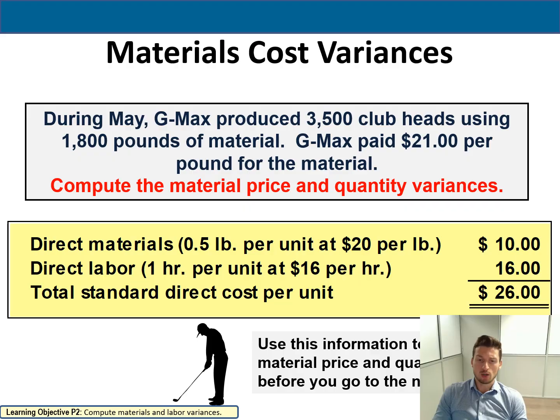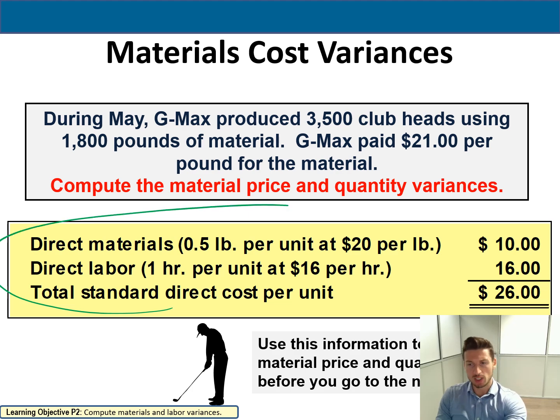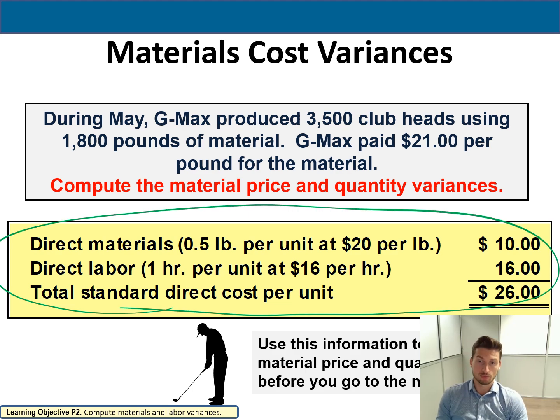What we need to do now is calculate variances. To calculate variances, only the standard information given here is not enough. We also need actual information, because we already talked about needing standard cost and actual costs. So during May, GMAX produced 3,500 club heads.